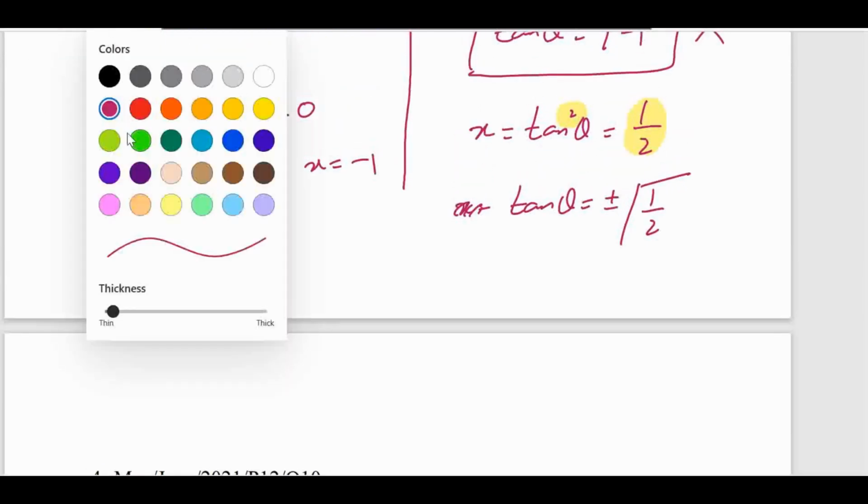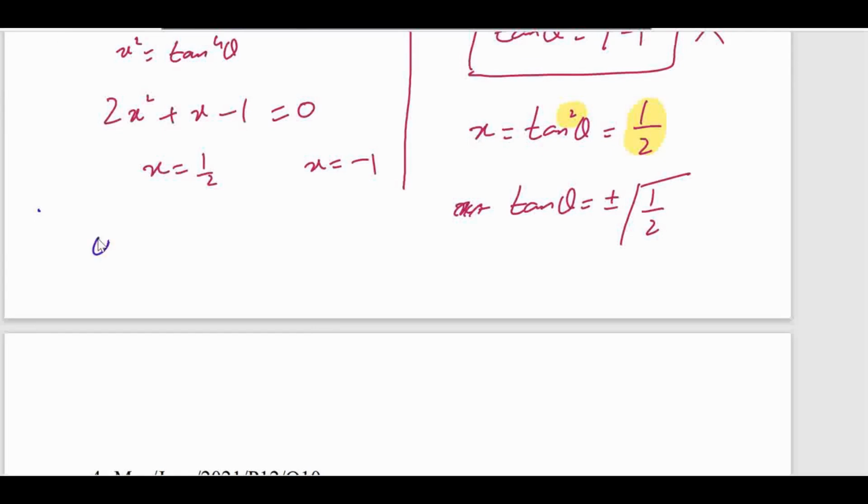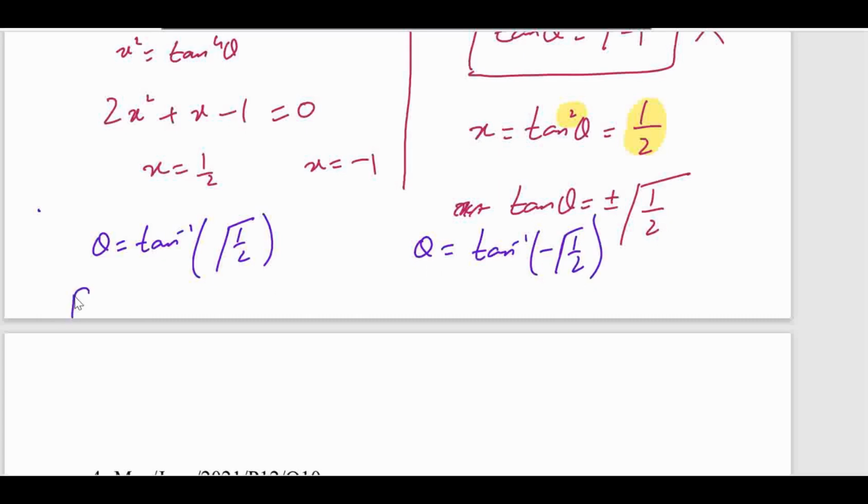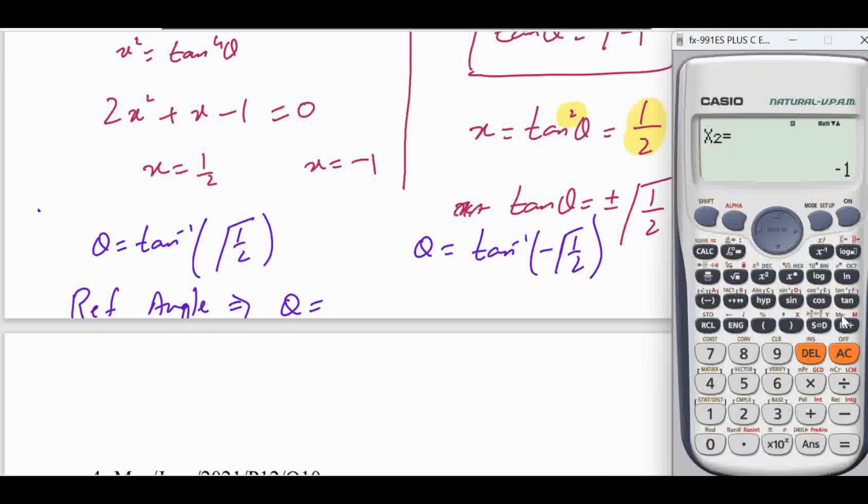One is theta equals tan inverse of square root of 1 by 2, and theta equals tan inverse of minus square root of 1 by 2. So first of all, we have to find out the reference angle. The reference angle will be the same for both of these values, because in the reference angle we have to consider it a positive one. So let's see this one.